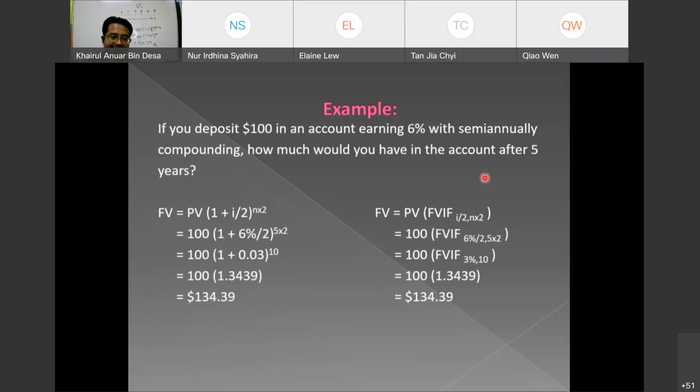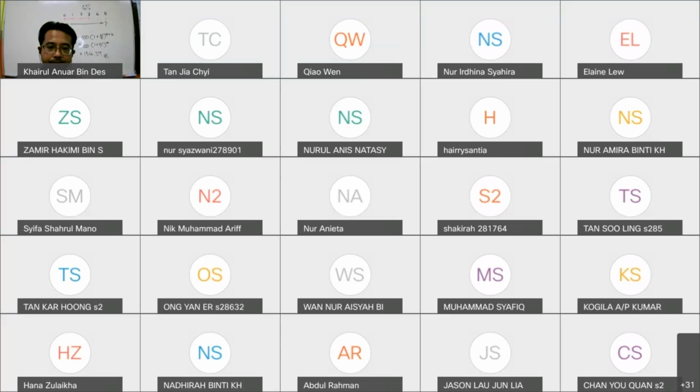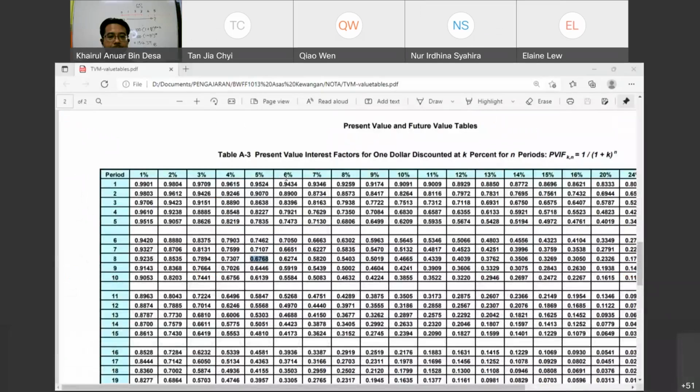So let's see how we generate the answer through the table. 6%, but semi-annual.